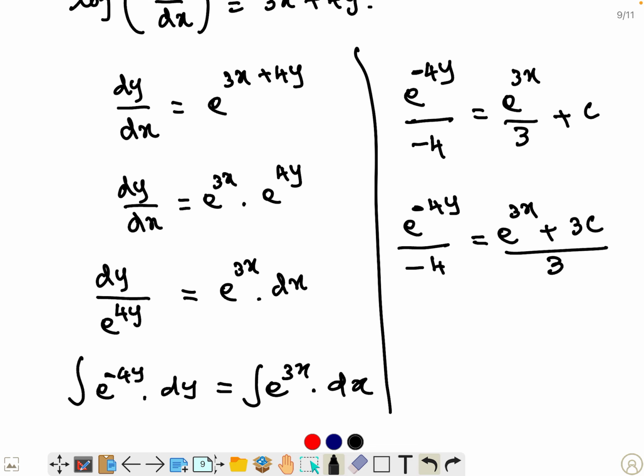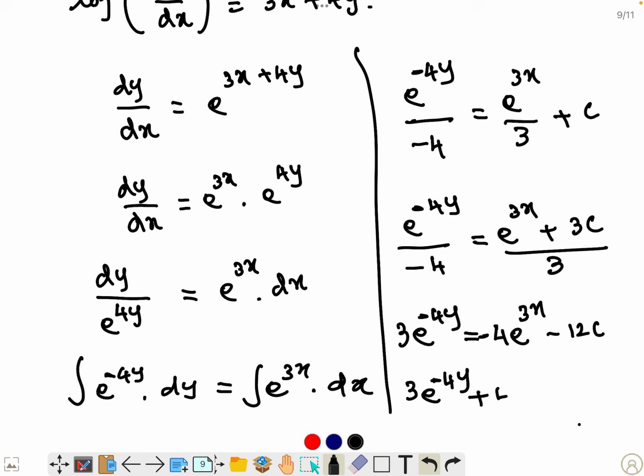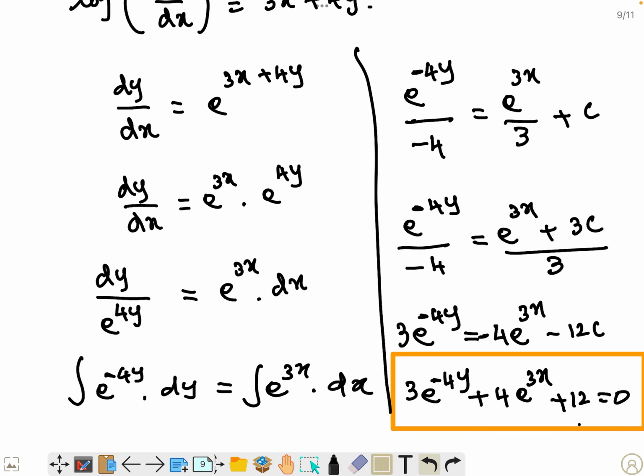Then we have to cross multiply, so you will get 3 e power minus 4y equal to minus 4 into e power 3x, minus 12c. You have to change sides. So 3 into e power minus 4y plus 4 e power 3x plus 12 equal to 0. This is the correct answer, so you can verify the option.